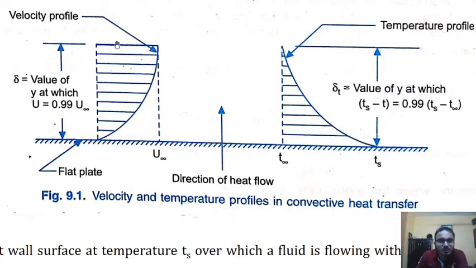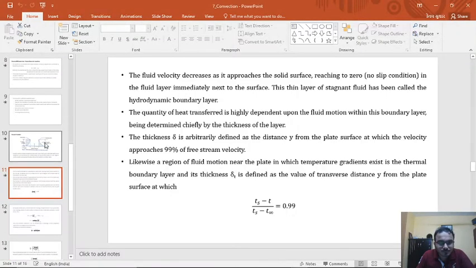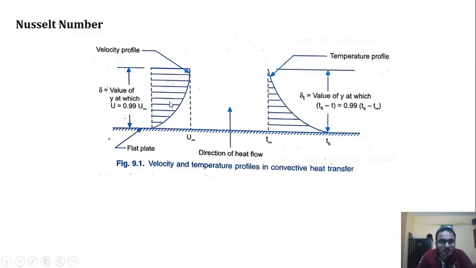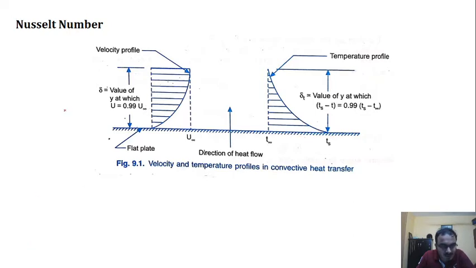Now this is the region, and the one region that I want to define over here is this region where there is a variation in temperature and variation in velocity.